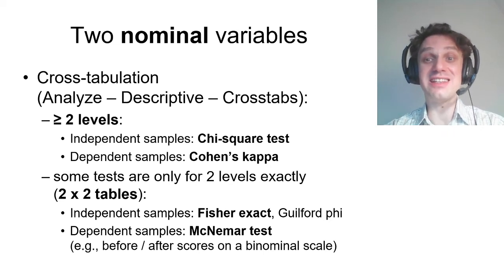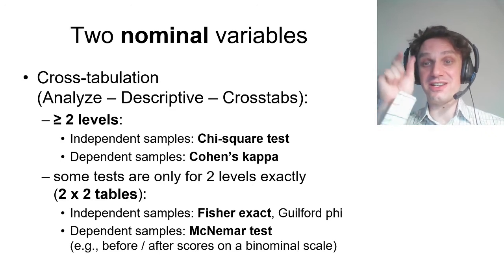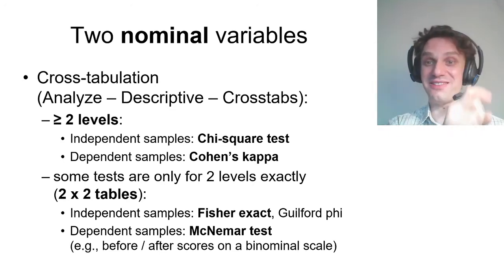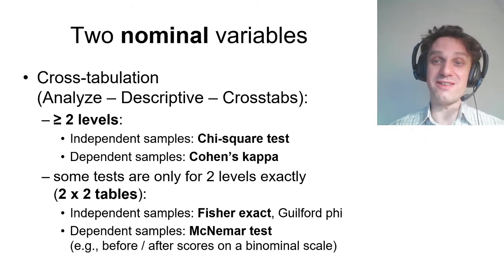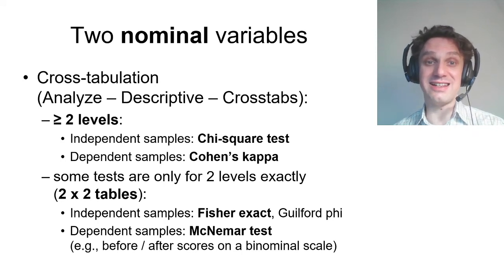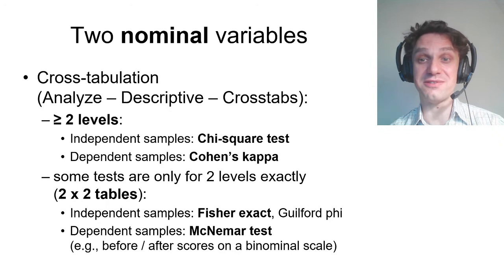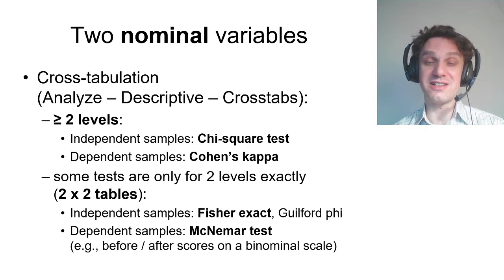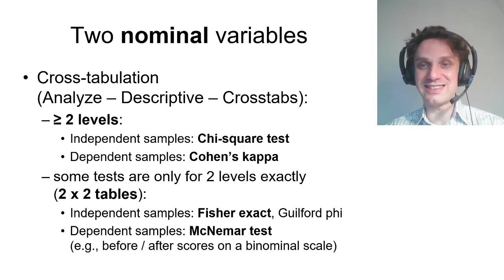You basically create a table and you count for each person, for each type of people, like males and females, how many are there with each type of color preference. And in SPSS, all these analyses live in the menu under Analyze, Descriptive, Cross Tabs. And there you can calculate different statistical tests.